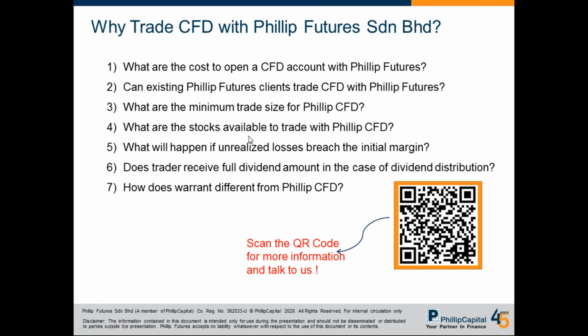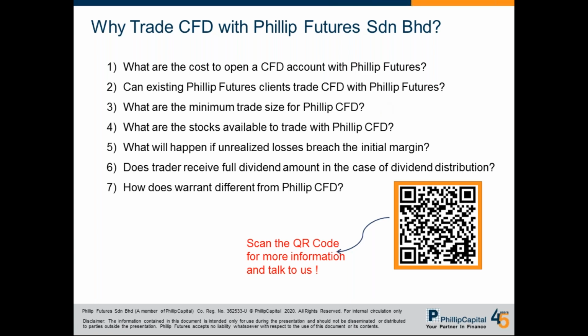The third question: what is the minimum size to trade with our Phillip CFD? The minimum trading size is based on the stocks that you want to trade. For example, just now I used Hata as an example. Assuming Hata is closing at 9 ringgit, what is the minimum trade size?